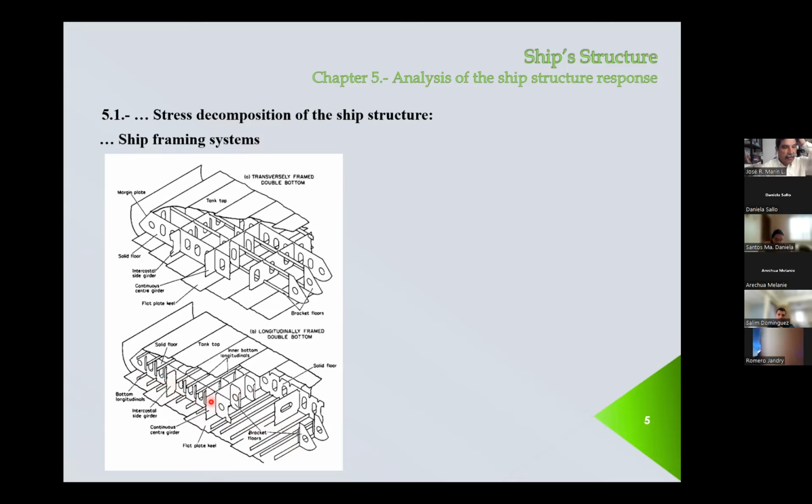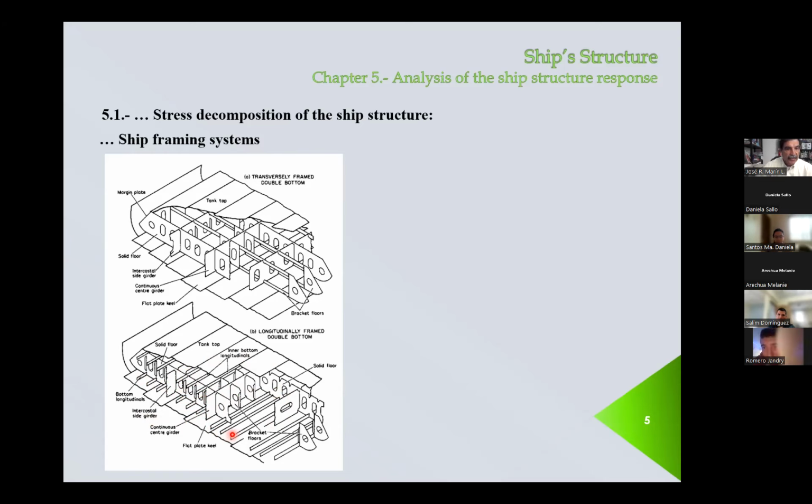If you have more than, I think, 2.5 meters, then you have to include an intercostal side girder, even though this is a longitudinal framing system. So you have the center girder, and then this spacing cannot be larger than, depending on the classification society, I think 2.5 meters.